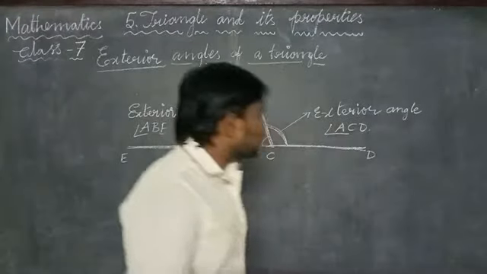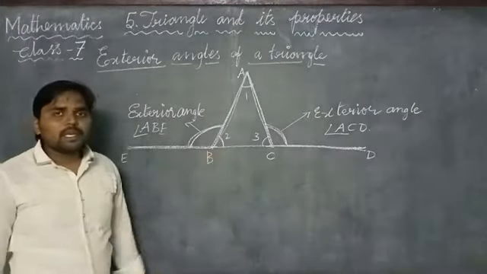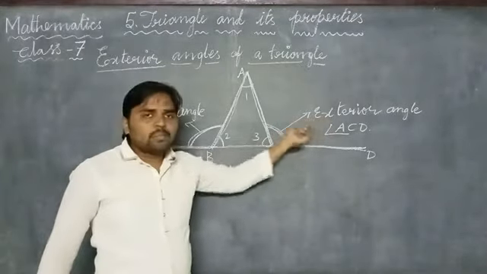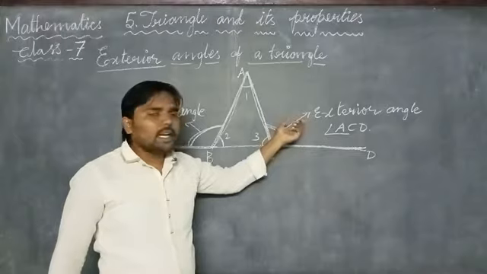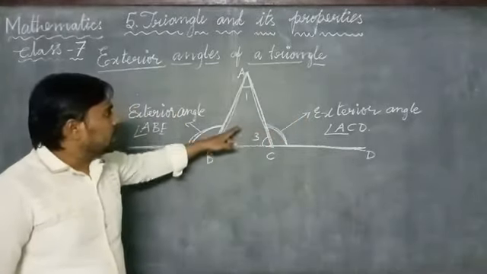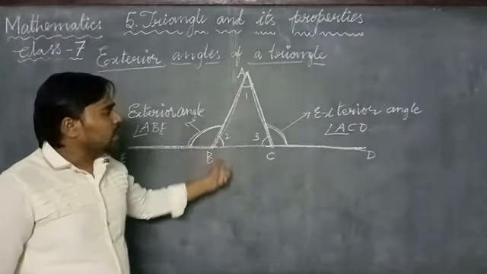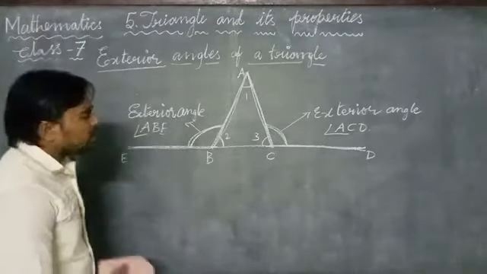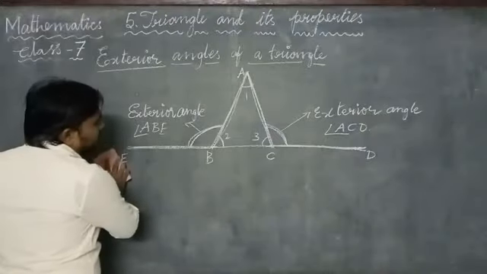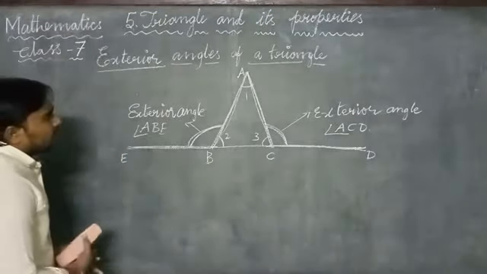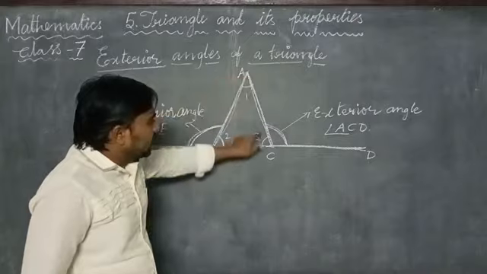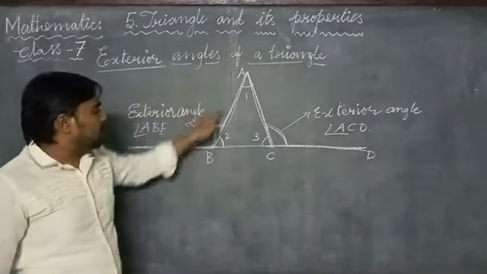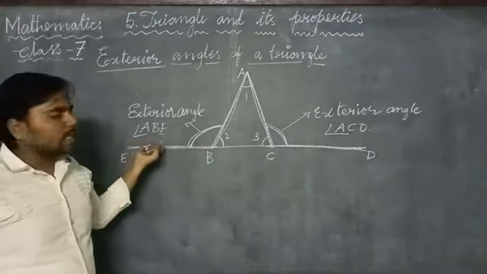Okay, here we have to know the property of the exterior angle of a triangle: one of the exterior angles in a triangle is equal to the sum of the opposite interior angles. Now let us discuss the exterior angle property of a triangle. Here the exterior angles are angle ACD, one of the exterior angles, and angle ABE, another exterior angle.